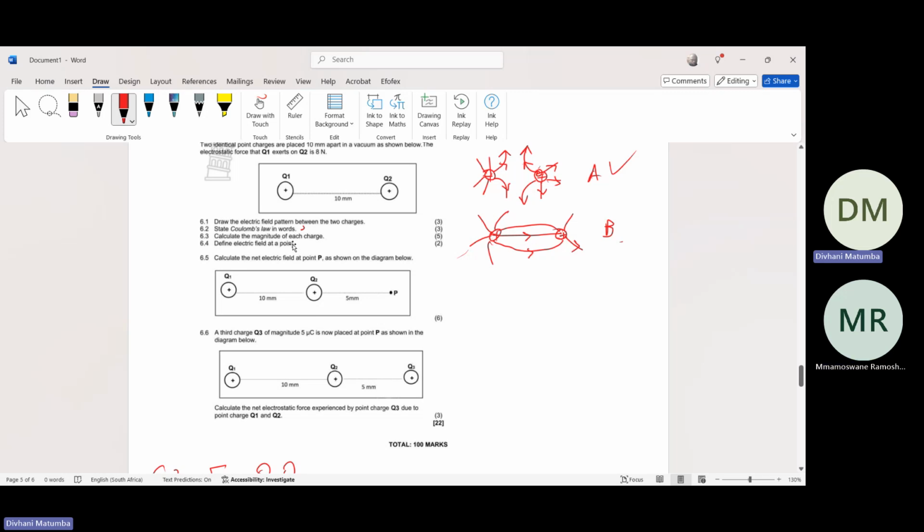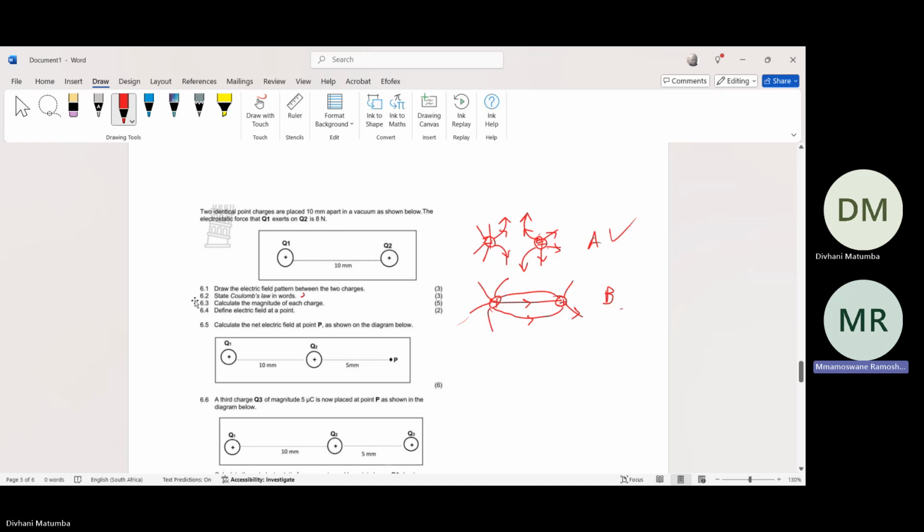Calculate the magnitude of each charge. The electrostatic force is 8 newtons.